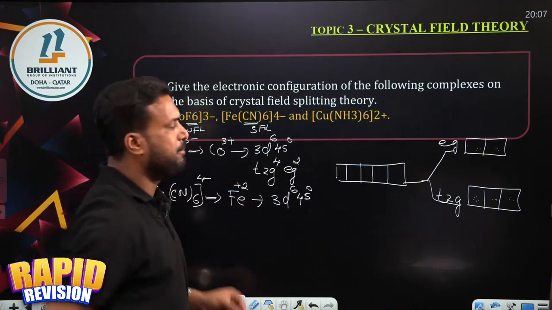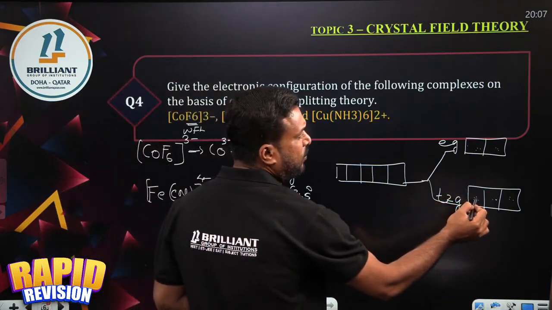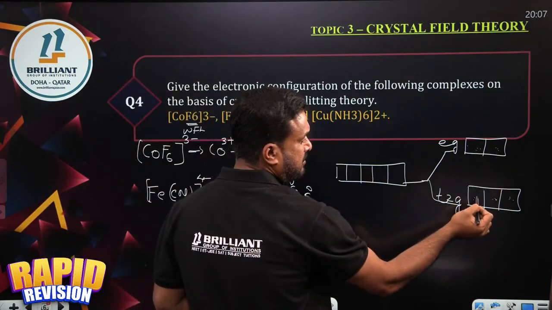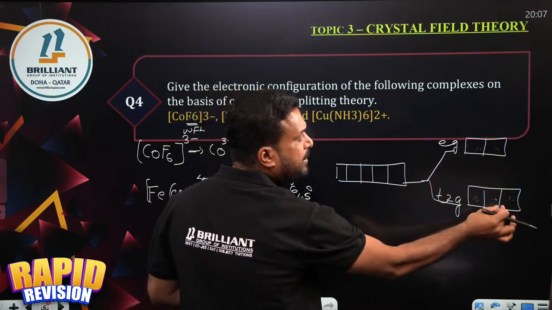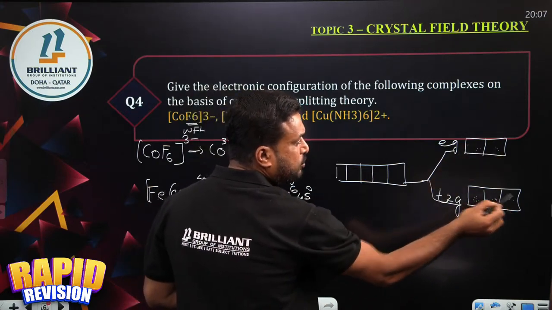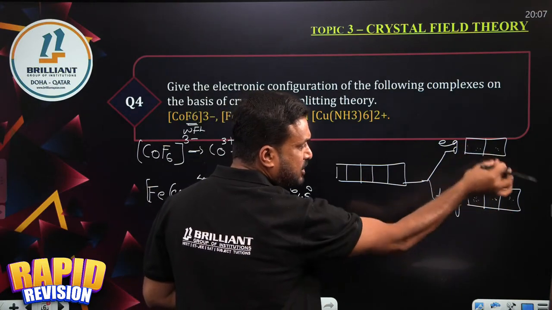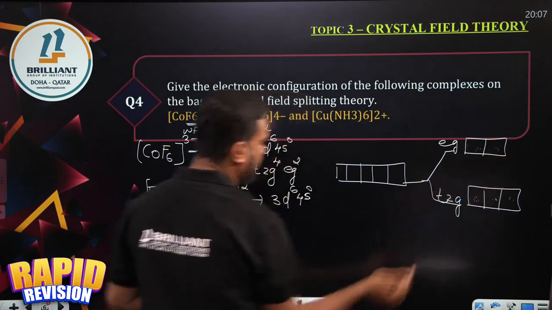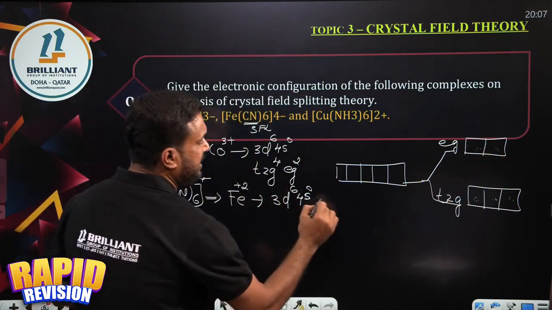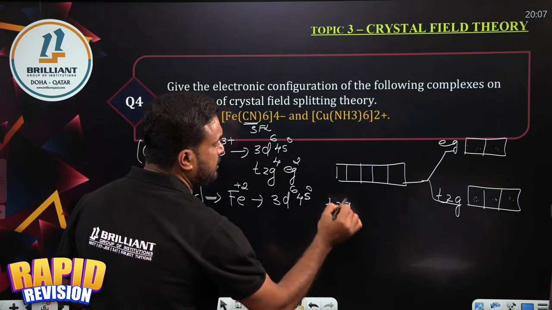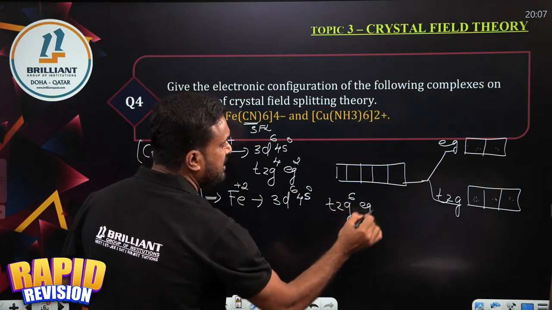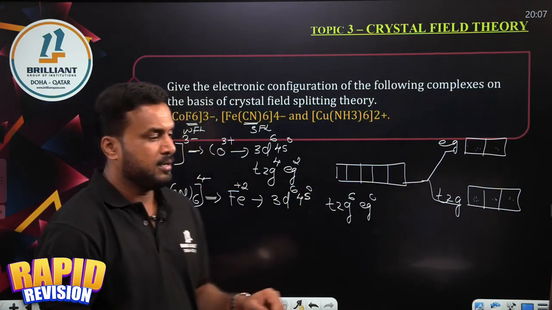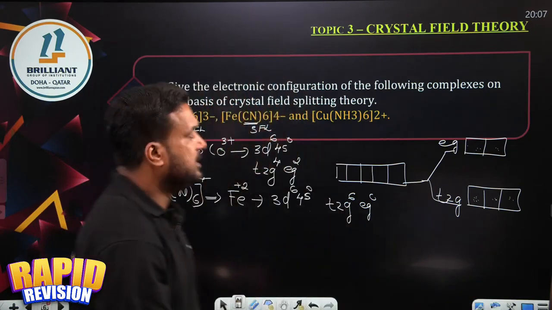So whenever pairing up occurs, the electrons are arranged 1, 2, 3, 4, 5, 6, and these two will pair up over here. Then we will get the electronic configuration t2g6 and eg0.